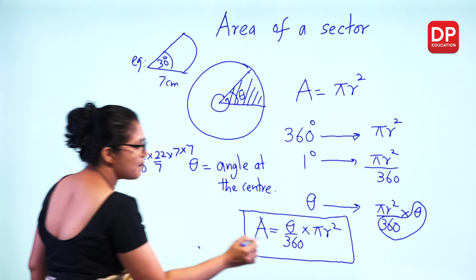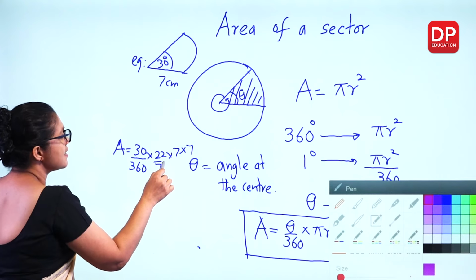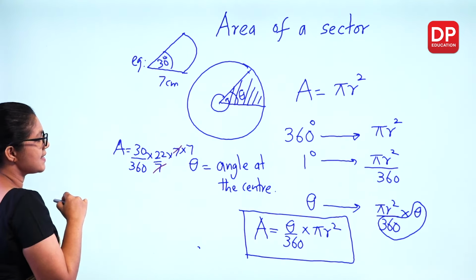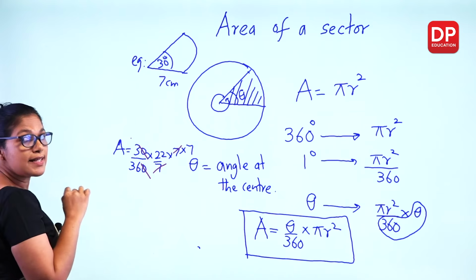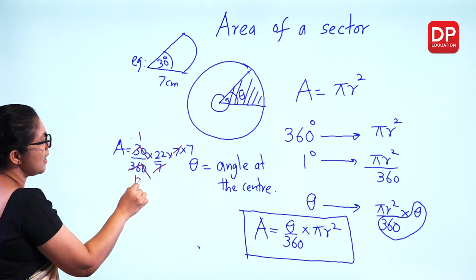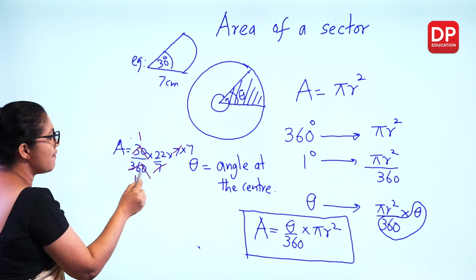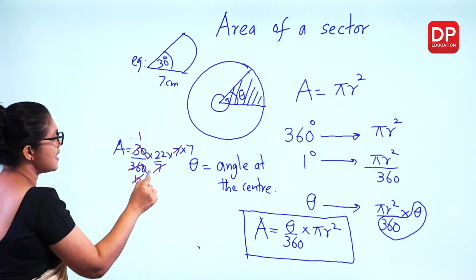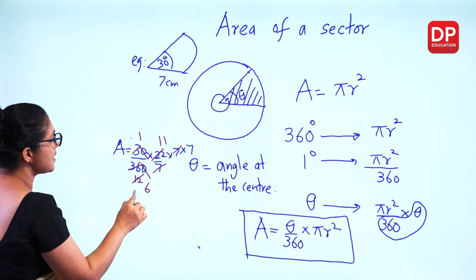Now we'll try to simplify. We'll take another color. I can see 7 and 7 get cancelled out. The 0 gets cancelled out, and 3 with 1, 3 with 12. And again I can see 12 and 22 I can divide by 2. This is 6, this is 11. So what's the answer?